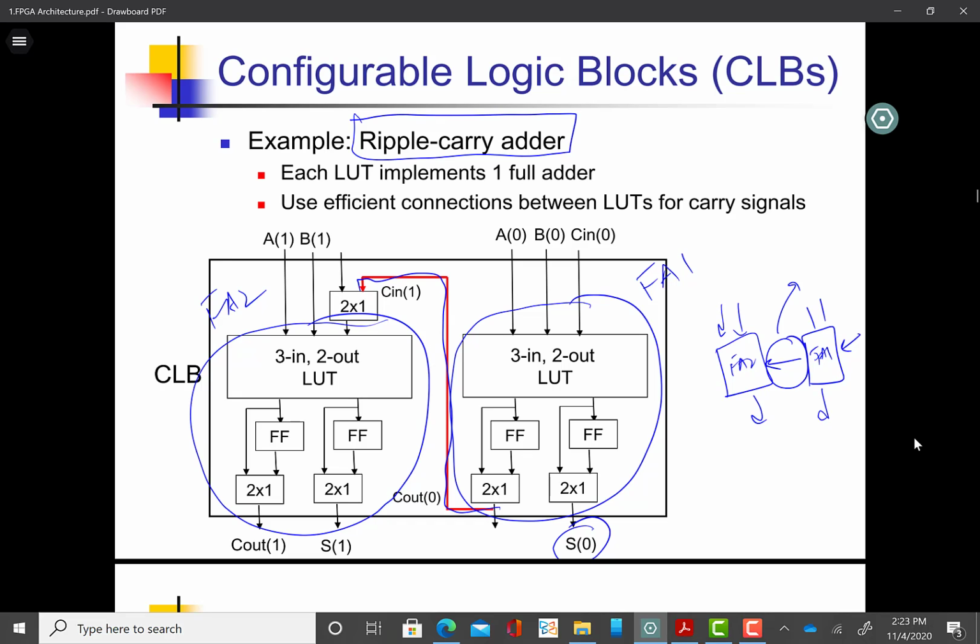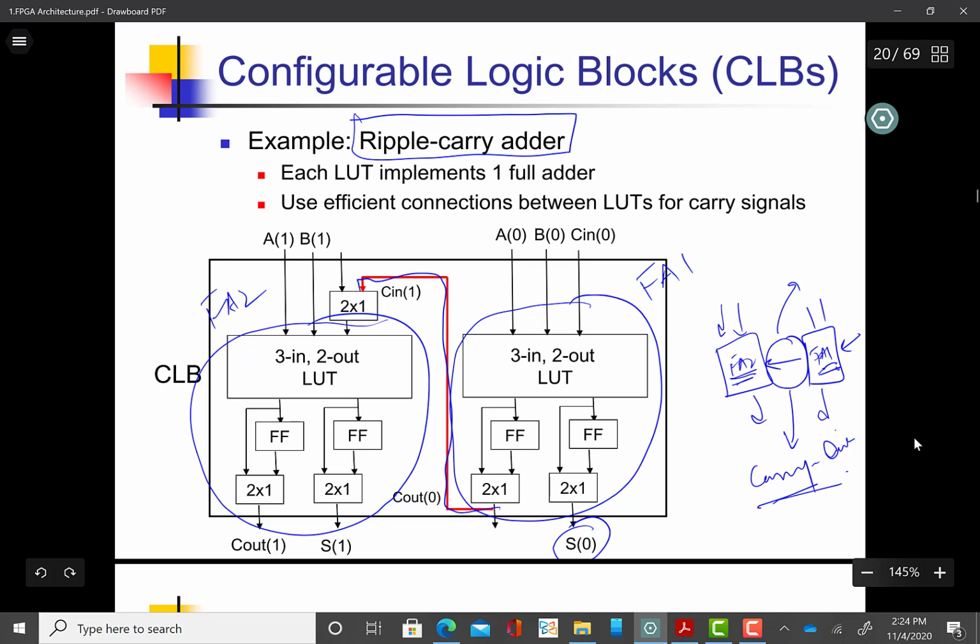Remember that the reason for the ripple carry adder to be the slowest is this carry line, because full adder 2 has to wait for full adder 1 to complete its addition.